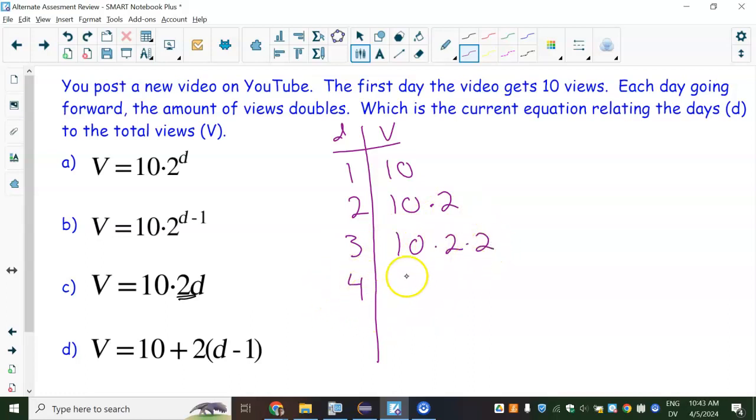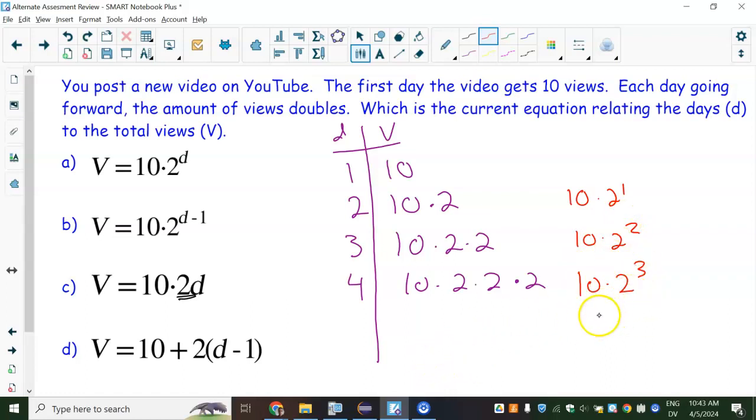And then on the fourth day we have 10 times 2 times 2, and then times 2 another time. And so if we clean these up, day 2 is 10 times 2 to the first. Day 3 is 10 times 2 squared. And day 4 is 10 times 2 cubed.